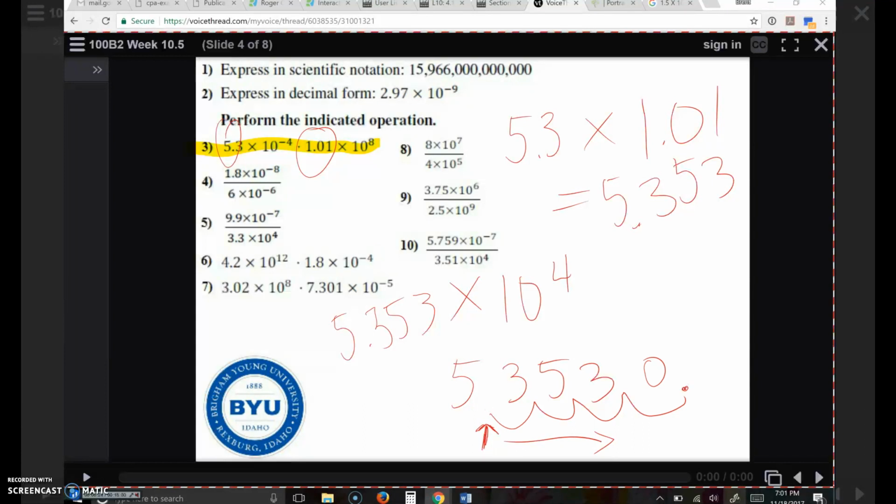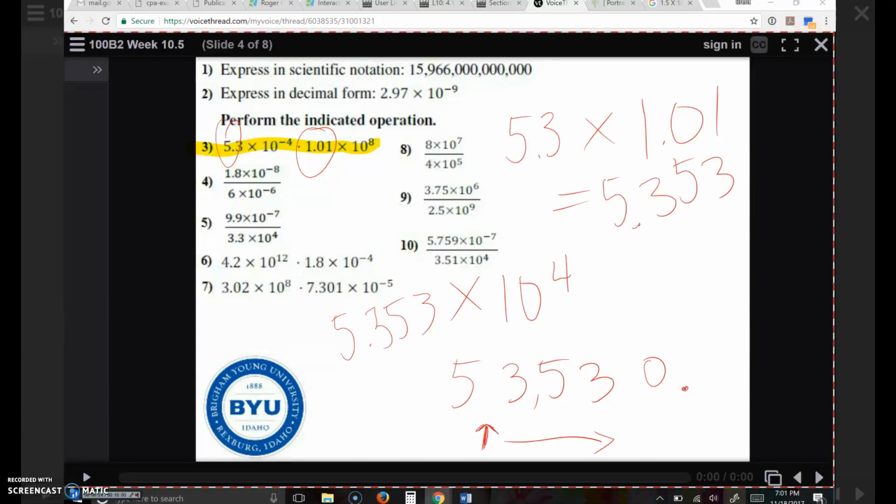Okay? So when we do that, now take this away too, and I'm going to put the comma there just to make it look prettier. So this number here literally means 53,530.